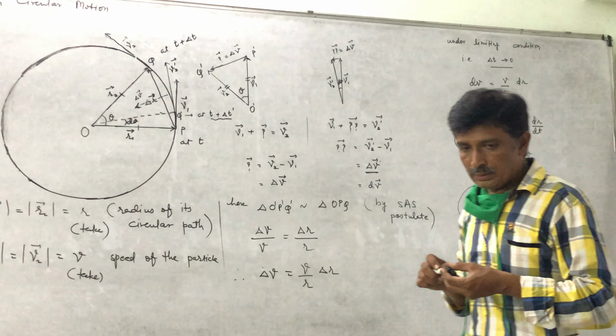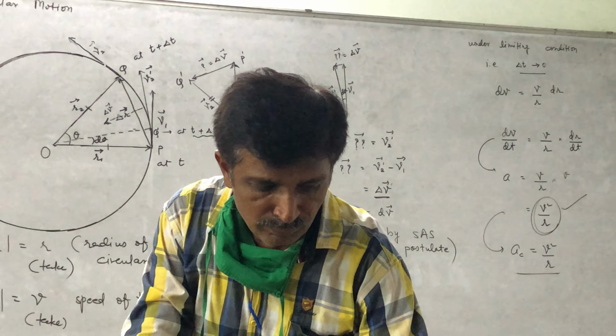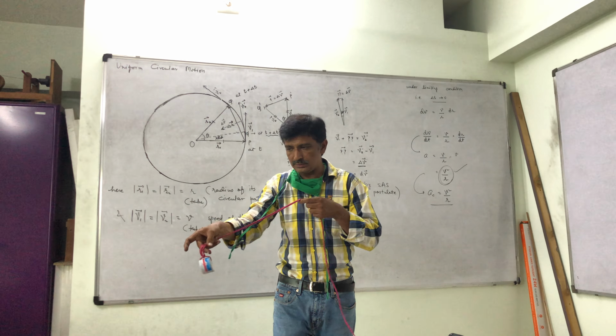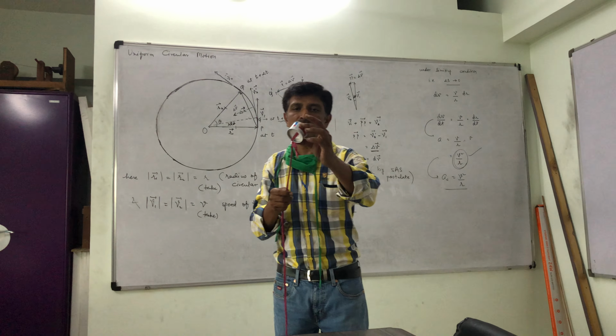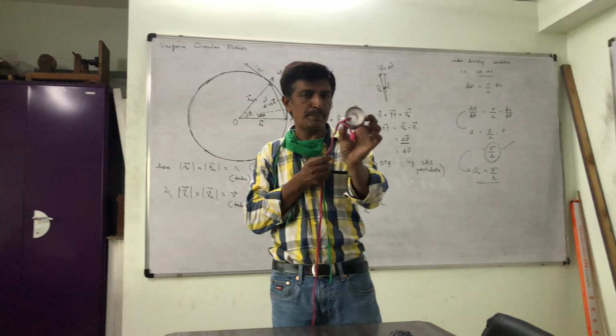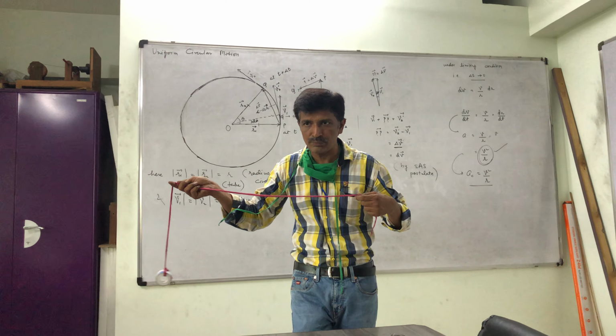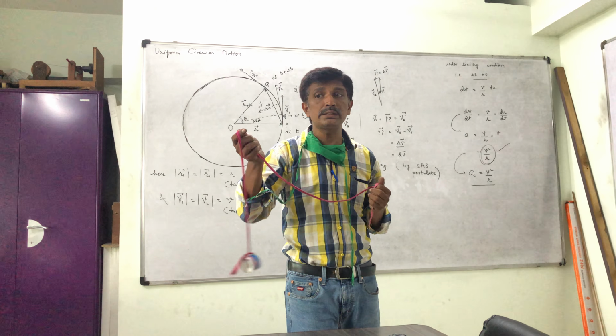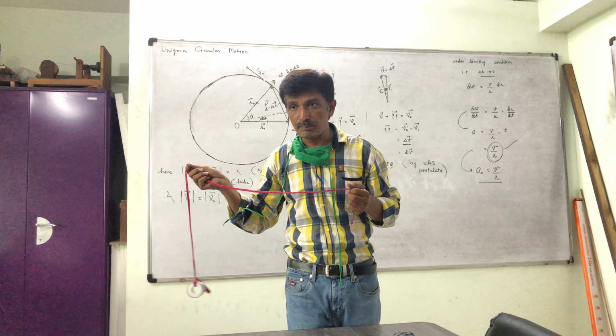But from that uniform speed, I want to increase. Suppose initially the speed of the particle is 20 centimeter per second, for example. But from that speed I want to increase up to 30.